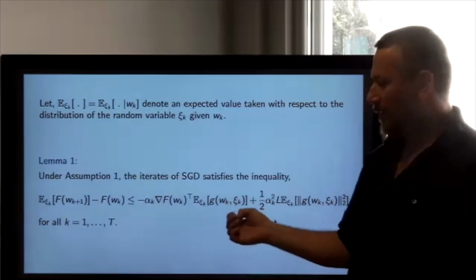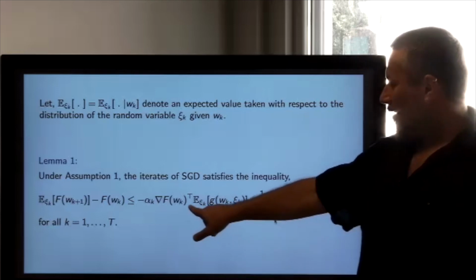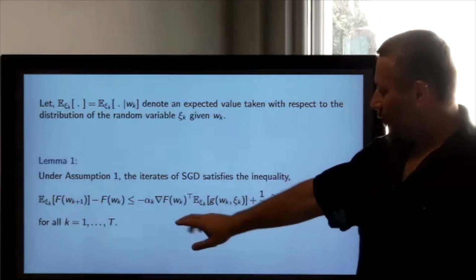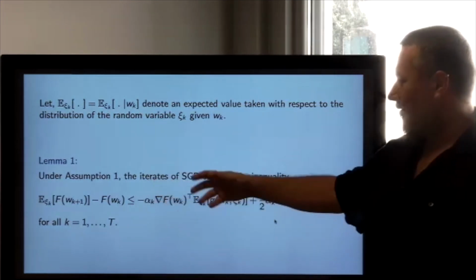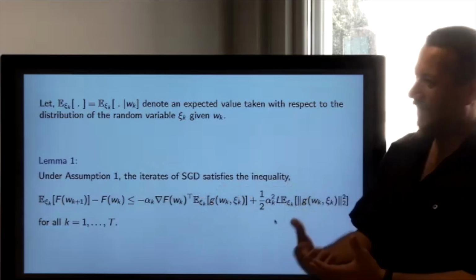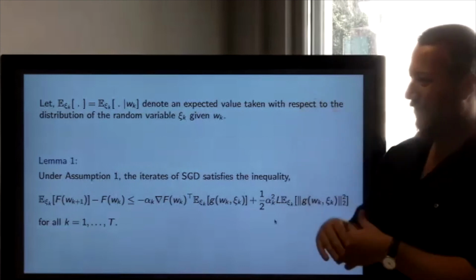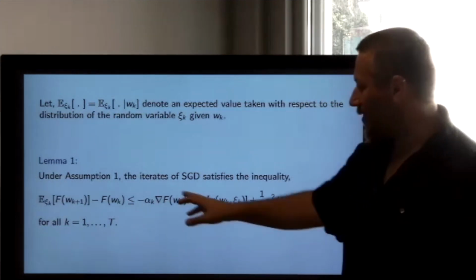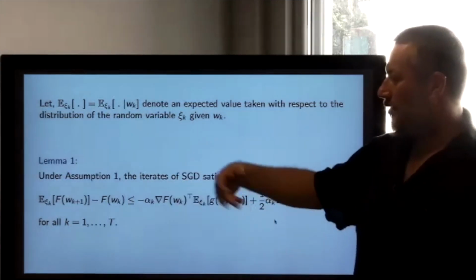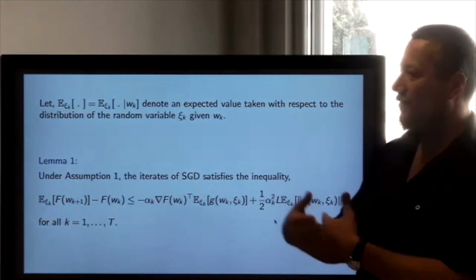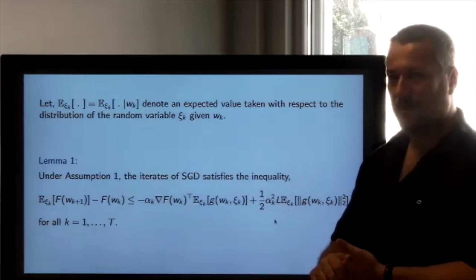So we want g to be a descent direction. We want this inner product to be positive, but actually we want it to be sufficiently positive, sufficiently bigger than 0, such that this expression is negative. And then if you keep on doing this process, it converges, this function gets smaller and smaller, and the function converges to a stationary point.